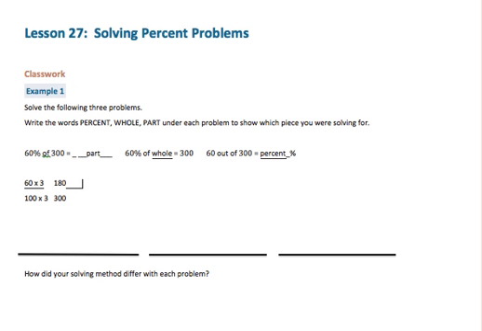In the second problem, they have given us the 60% again, which goes in the numerator. And we're looking for the whole, so our part would be 300.